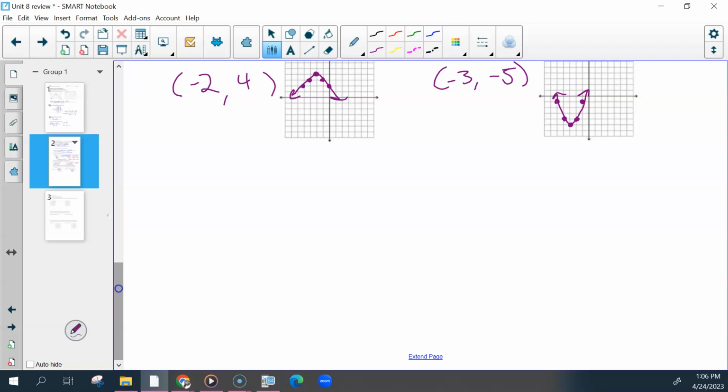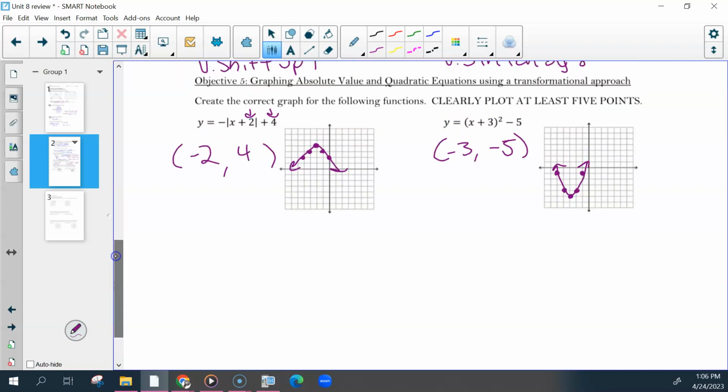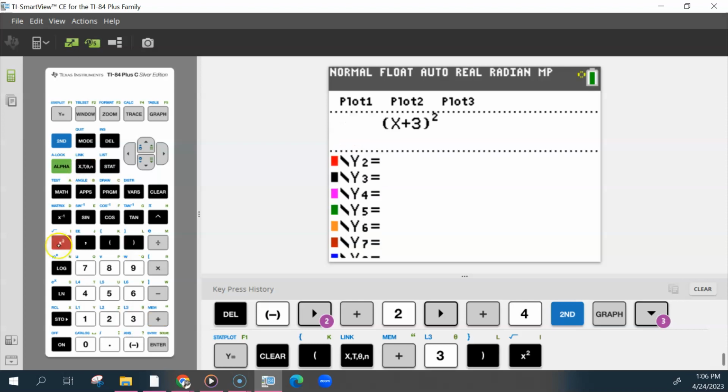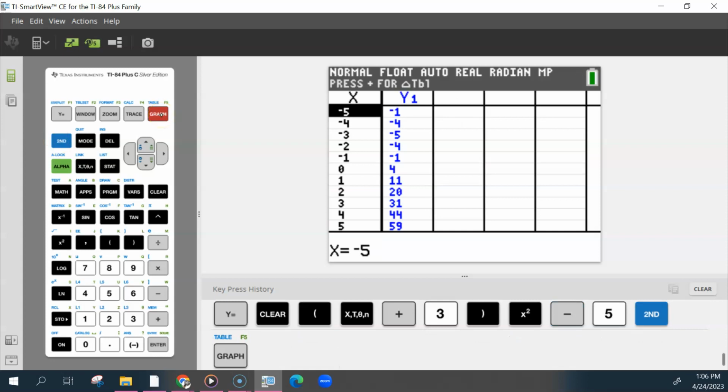If you want to draw in another set of points, you can. You don't have to. We could double check that as well. Put it in your y equals, go into second graph, look at your table, find your vertex, and go out from there, and the points should be the same.